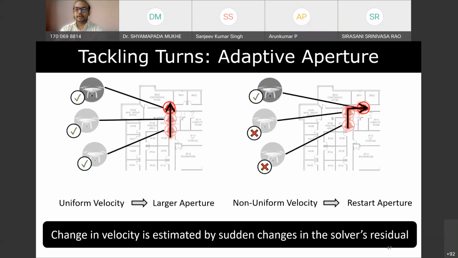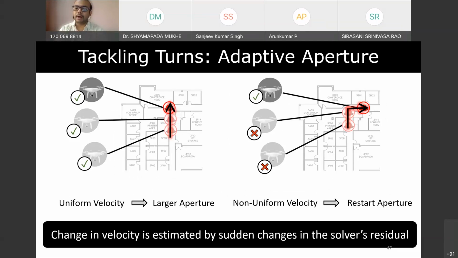In the case of uniform velocity, the left-hand side is fine. Whereas in non-uniform velocity, when the person takes a turn, you have to somehow alert the system to discard the old values of the aperture and only consider the newer values.